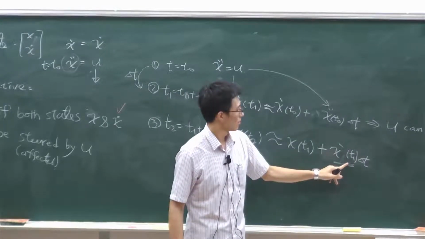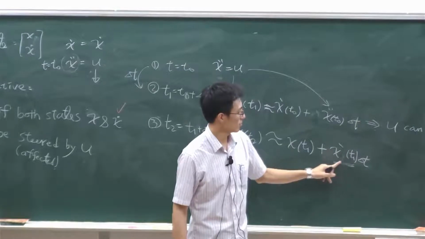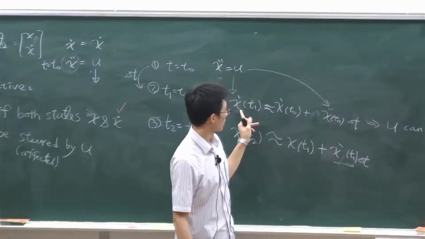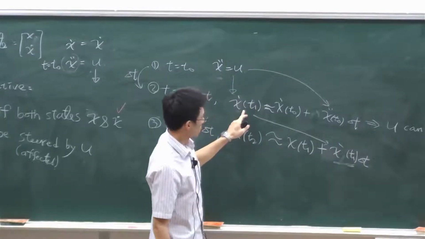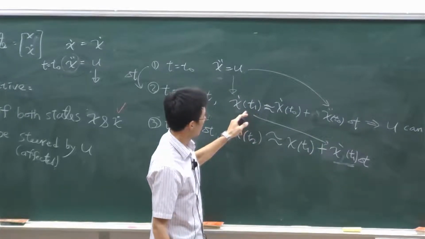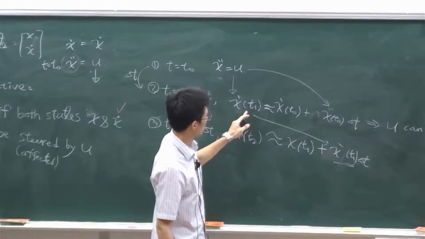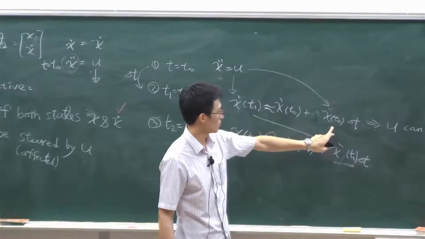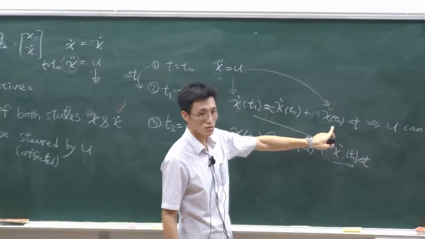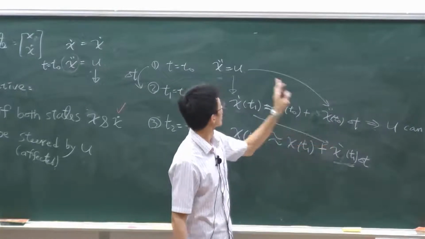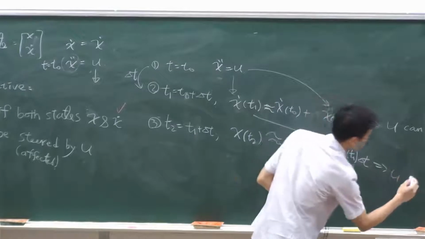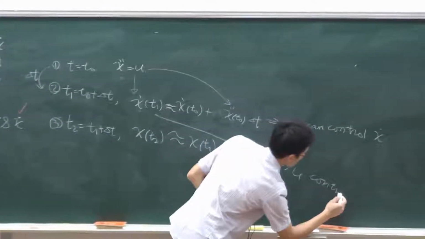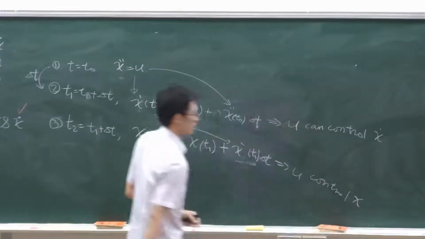But how did this non-zero velocity come about? It comes from here. This can be changed from here to here only if the acceleration is not 0, and this comes from the control. So if U is non-zero, it can control x.